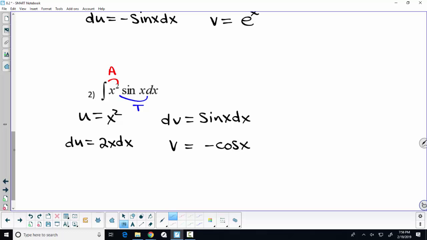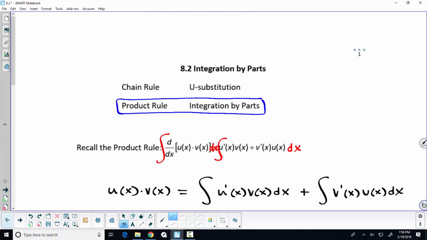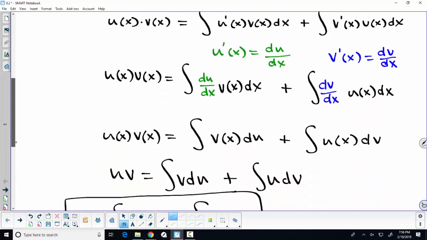Do y'all have any questions? Yeah. Just clarifying, so u is supposed to be the leftmost in that mnemonic. Yeah. So we've got x squared there for u, and then for dv we have trig. Mm-hmm. So wouldn't trig be the leftmost one? You'd make u equal sine x? Well, it's LIATE. Where do we go with that?